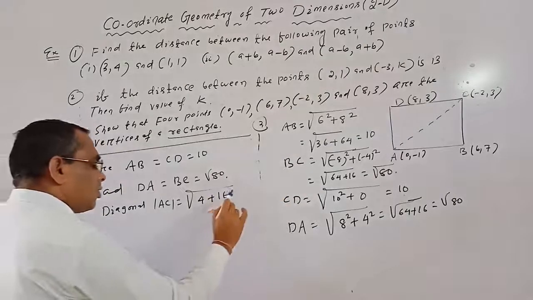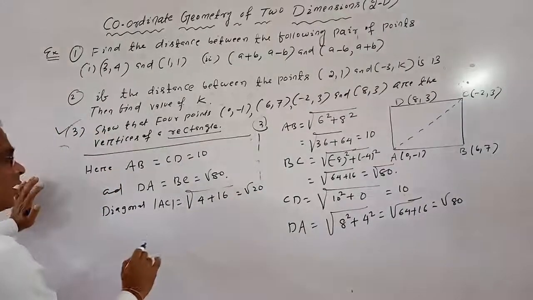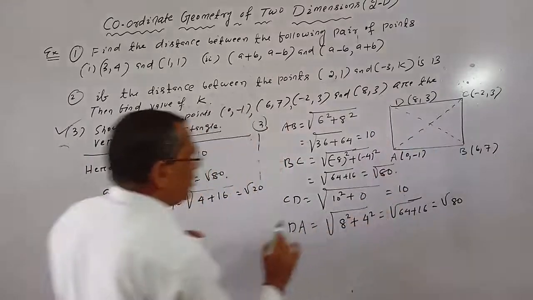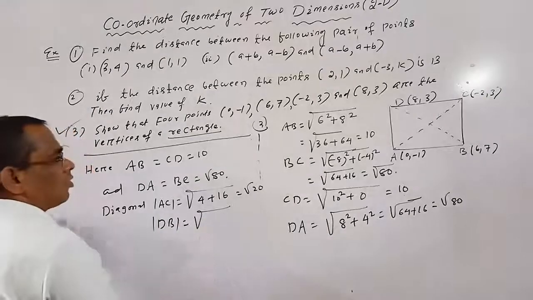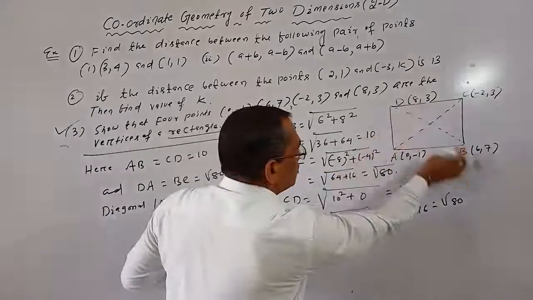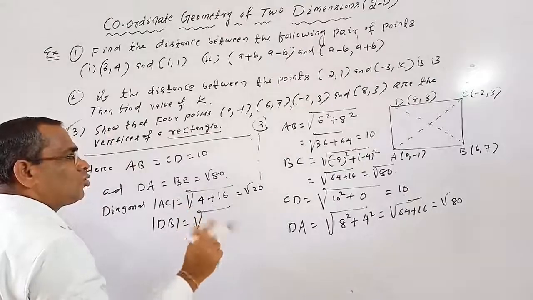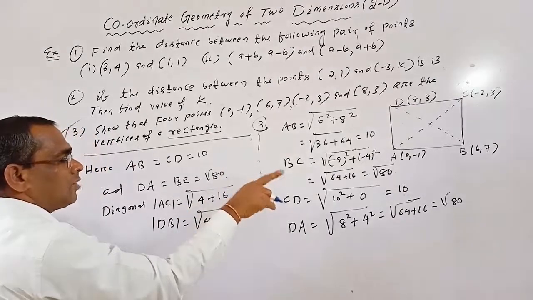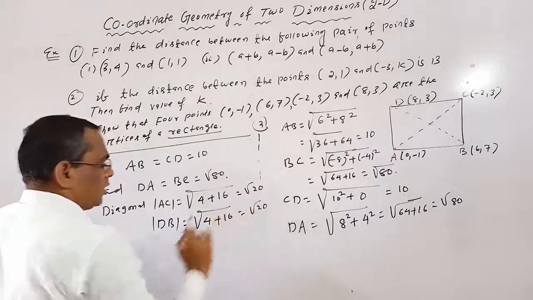Sorry, 4 plus 16, root 20. Then diagonal DB. The length of diagonal DB equal to root of the x coordinate difference square, 8 minus 6 means 2 square, 4, plus 3 minus 7, minus 4 square, 16. This is also again 20.